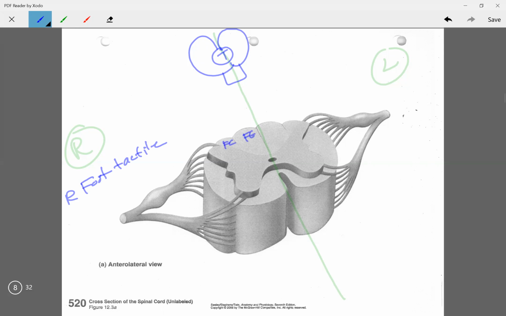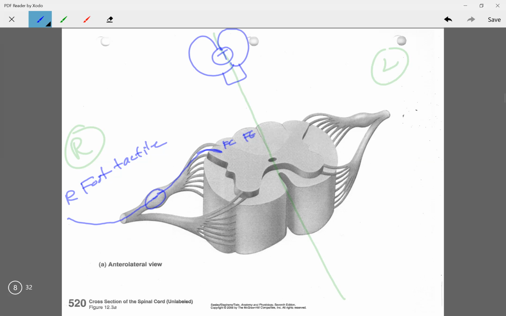Because this is belly button down, we're going to be focusing on the fasciculus gracilis. So information comes in the dorsal nerve root, that's the sensory ganglion, and goes into the dorsal horn. Remember, all sensory input goes through the posterior aspect of the cord. Now there's a lot of synapses that take place.